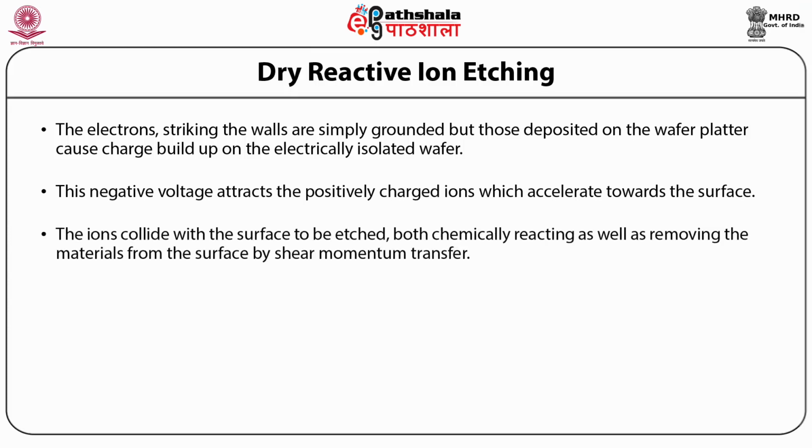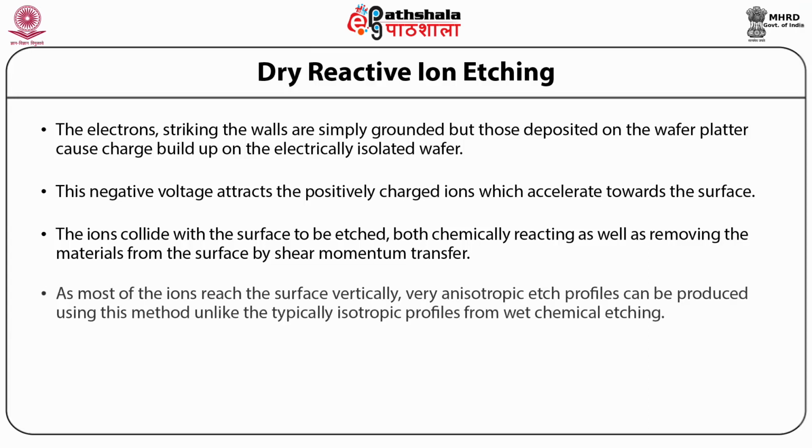The ions collide with the surface to be etched, both chemically reacting as well as removing the materials from the surface by sheer momentum transfer. As most of the ions reach the surface vertically, very anisotropic etch profiles can be produced using this method, unlike the typical isotropic profiles from wet chemical etching.